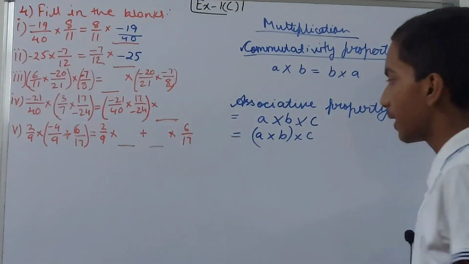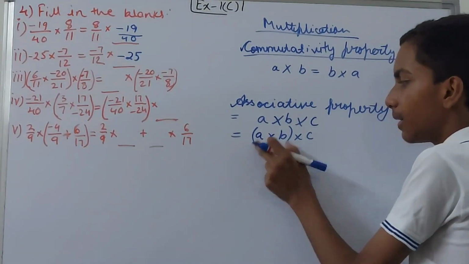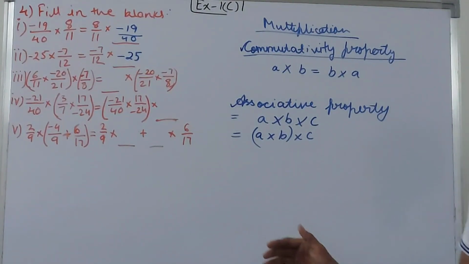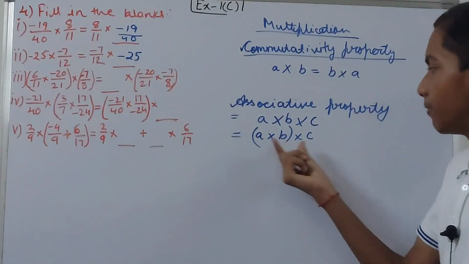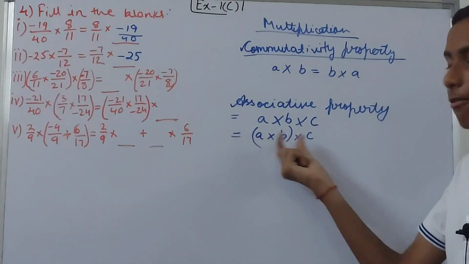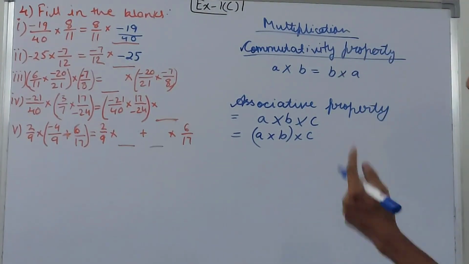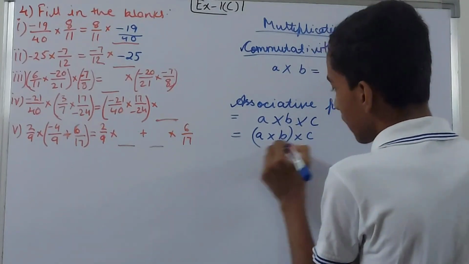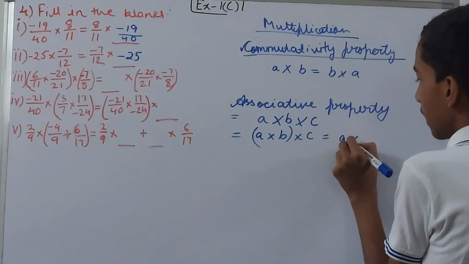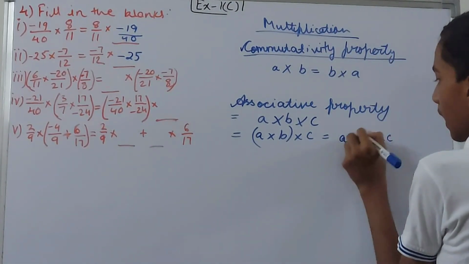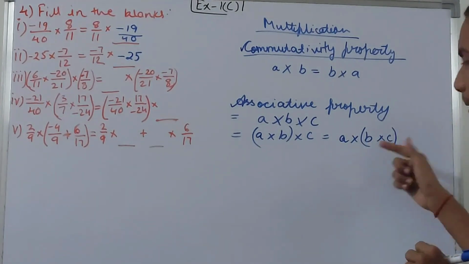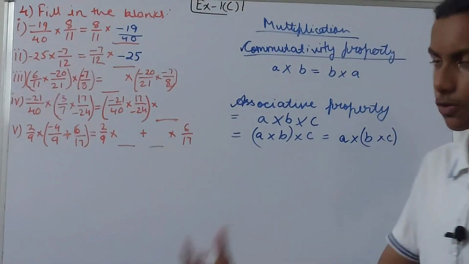Yes, of course I can write it, because that will just make our work simpler, right? See, a into b first, we'll do this, and then after that we multiply it by c. So it has become easy. Can I write it this way also, that a into b into c, and now I put the brackets on b and c. This can be written this way also.